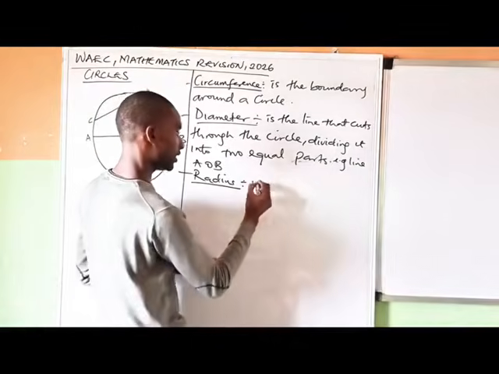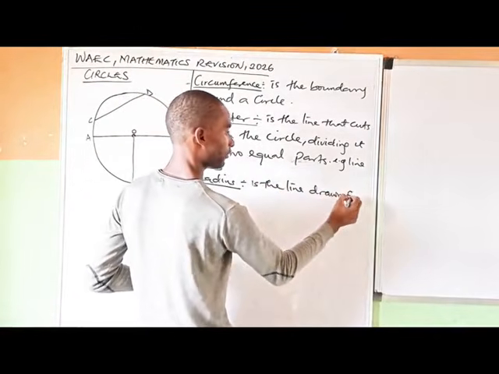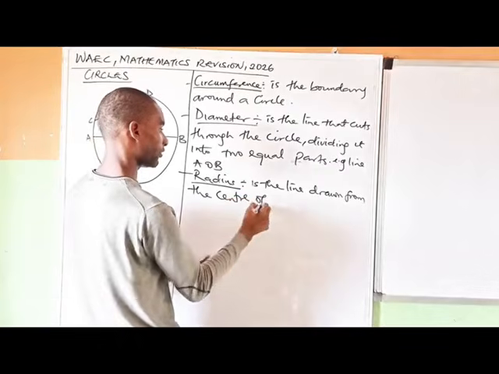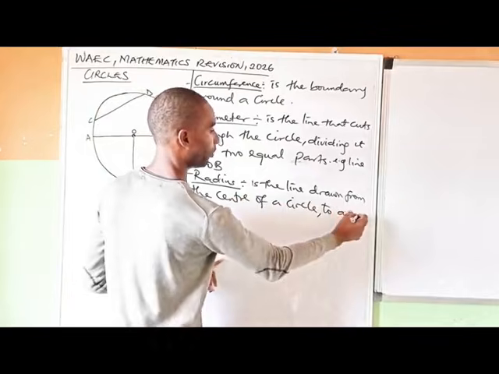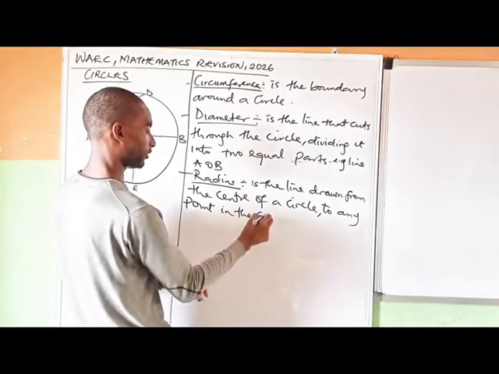So radius is the line drawn from the center of a circle to any point in the circumference.